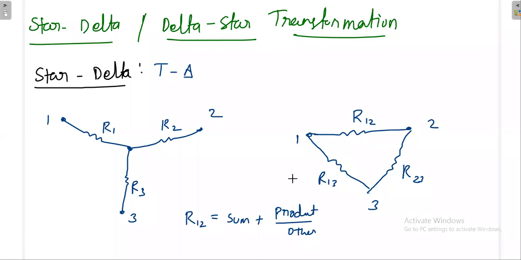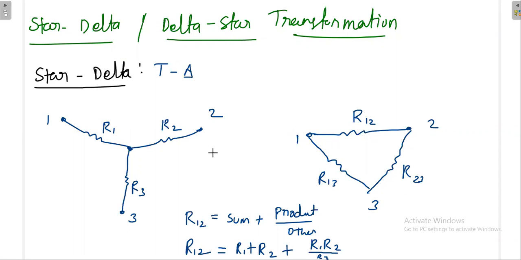That means I want to calculate R12, so I have to sum these two, R1 plus R2. Product means I have to multiply R1 and R2, that is R1 R2, divided by other. What is the other value? That is R3.